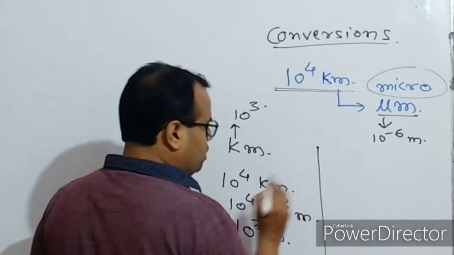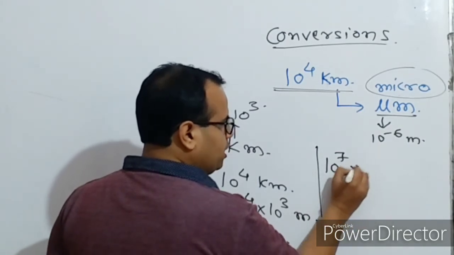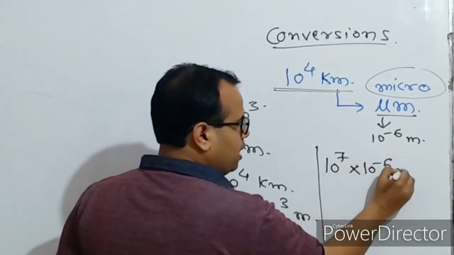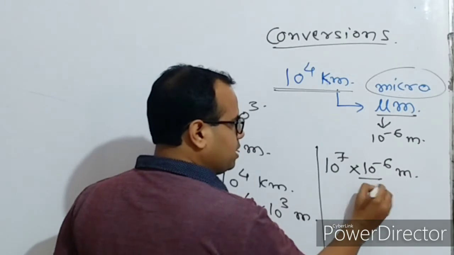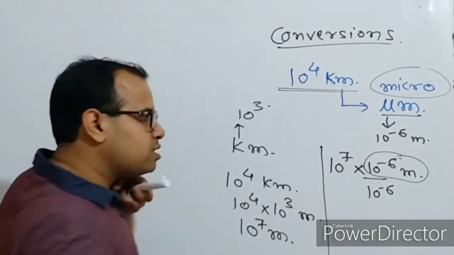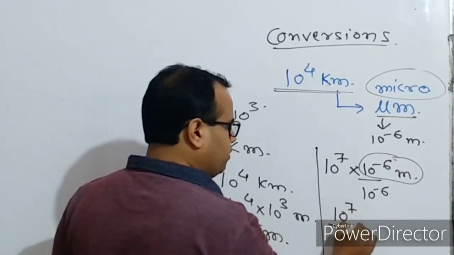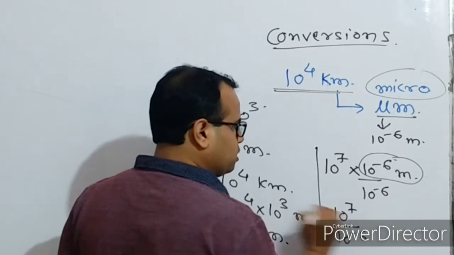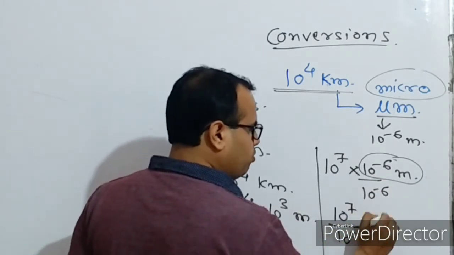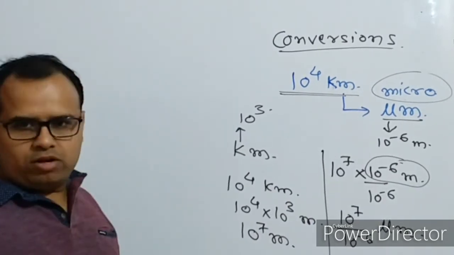So what we will do is write 10 raised to the power 7, multiply by 10 raised to the power minus 6, and divide by 10 raised to the power minus 6. Now this 10 raised to the power minus 6 meter can be written as micrometer. So we have 10 raised to the power 7 divided by 10 raised to the power minus 6, and this is what the micrometer is.